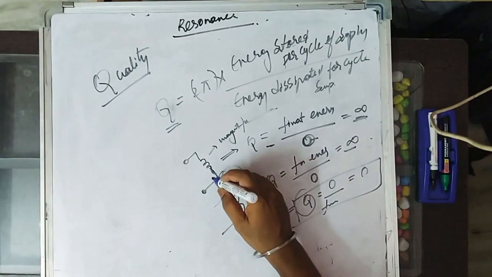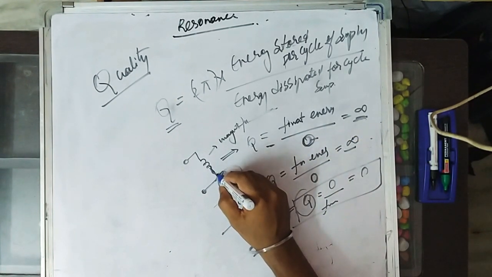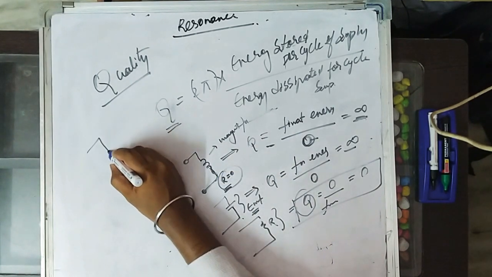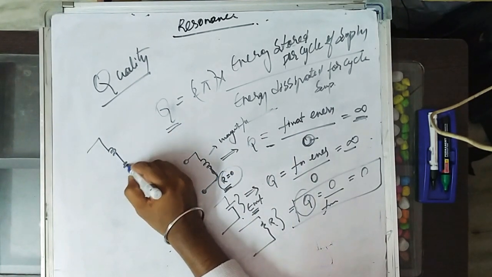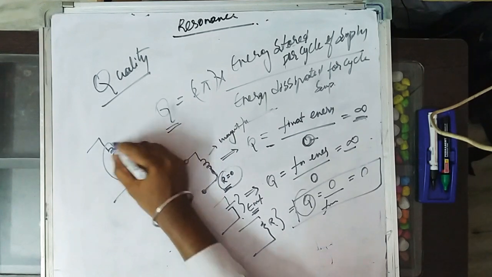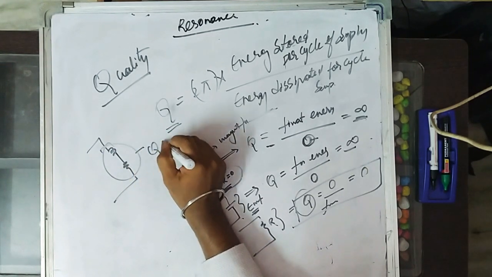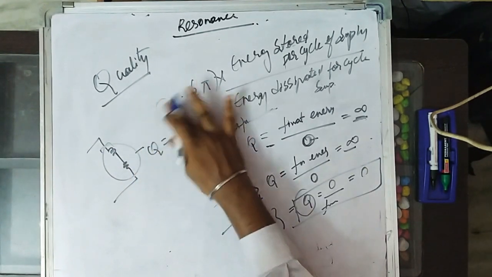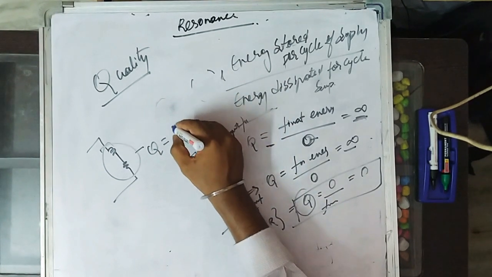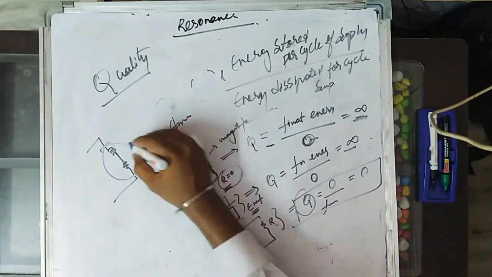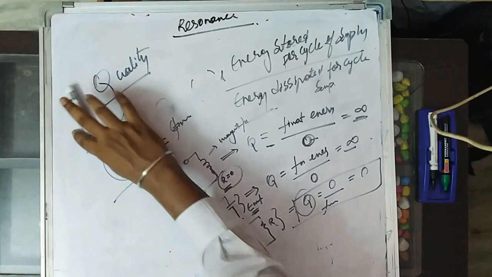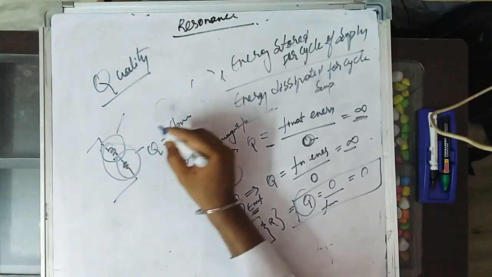If you observe carefully, to this pure inductance I am introducing a component called a resistor. Then this will become a coil, and this coil has finite energy, a finite quality factor. Why? Because it has a finite energy storage due to inductance, and a finite dissipation due to resistance.